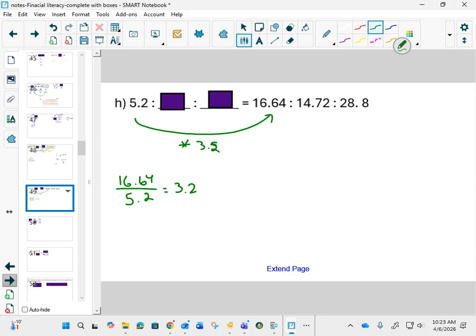I'm not happy with that at all. We're multiplying by 3.2. So now, what happens if I want to go backwards from this one to this one? I'm gonna have to divide. Divide by 3.2. And same thing here.